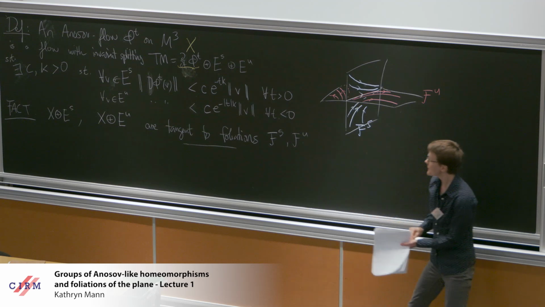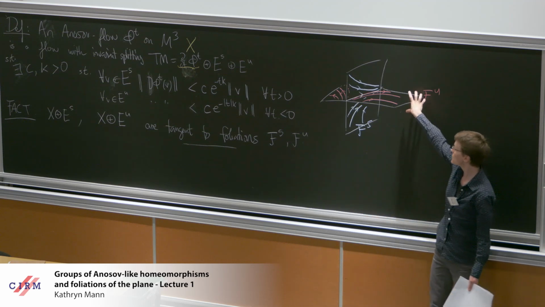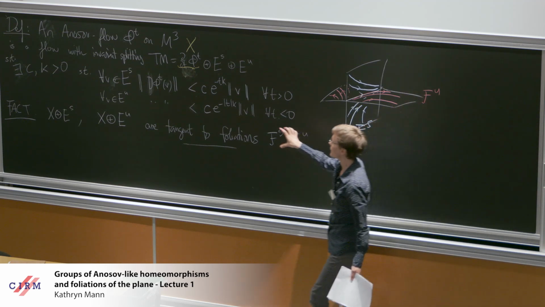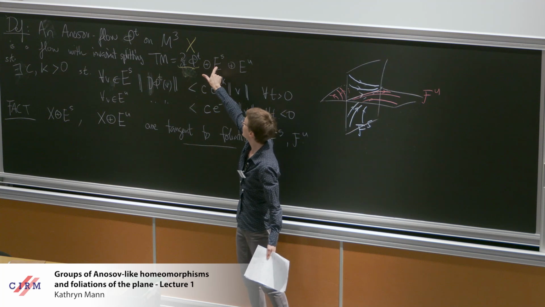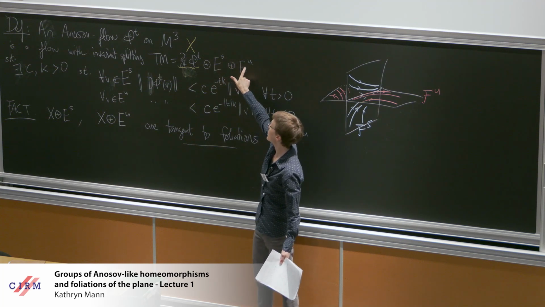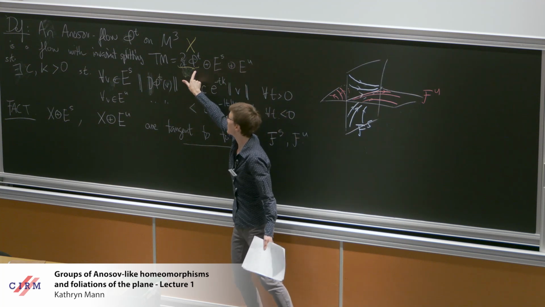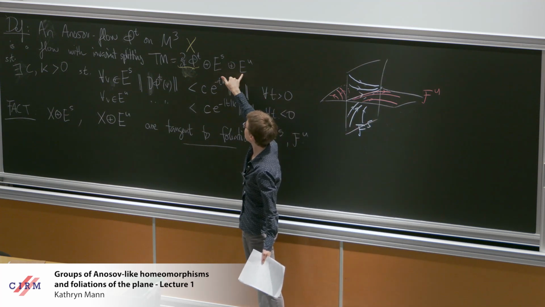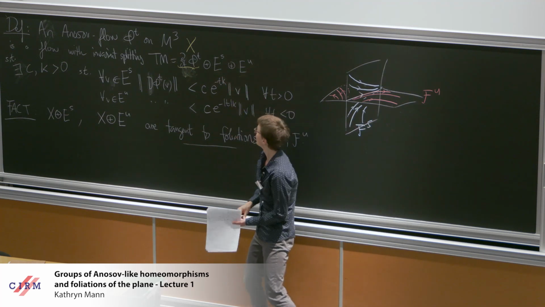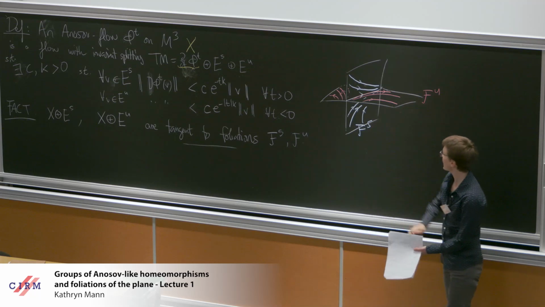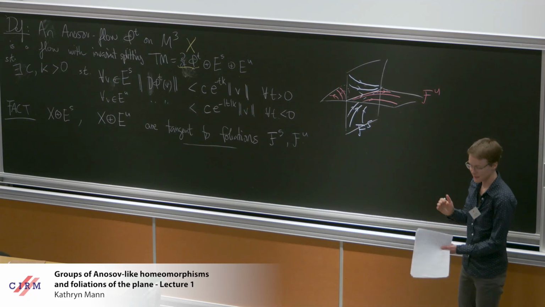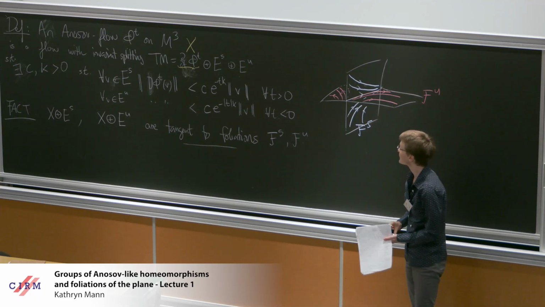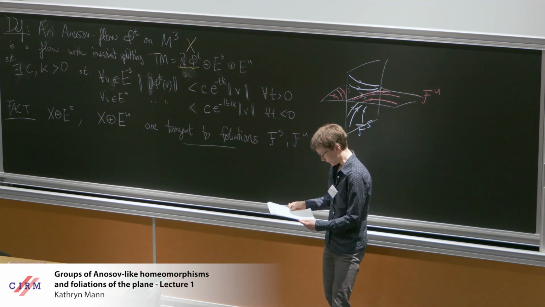And maybe this is one reason to take these two-dimensional foliations as the basic object, rather than the one-dimensional foliations tangent to this splitting, because in fact those are not stable under perturbation. So this is the coarser, topological object to study. Okay.